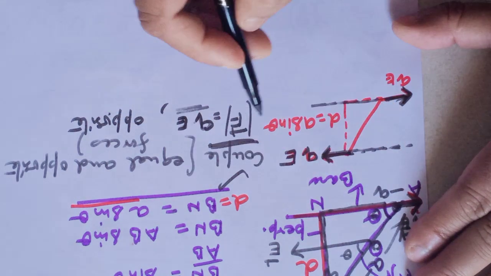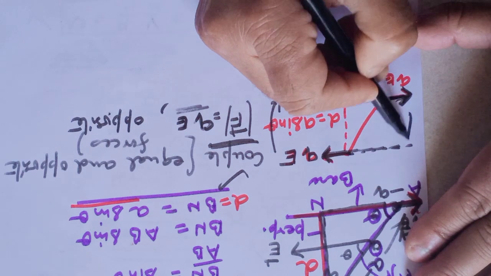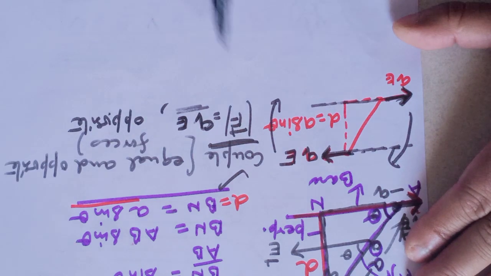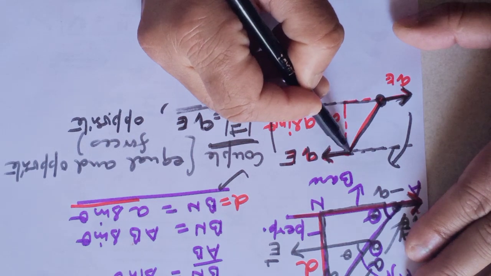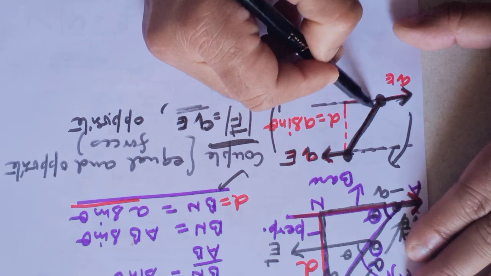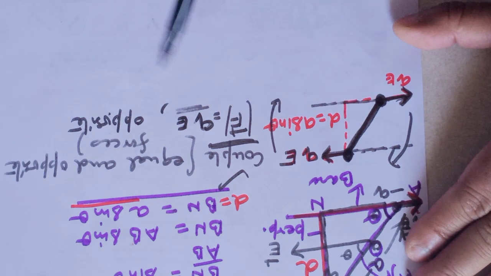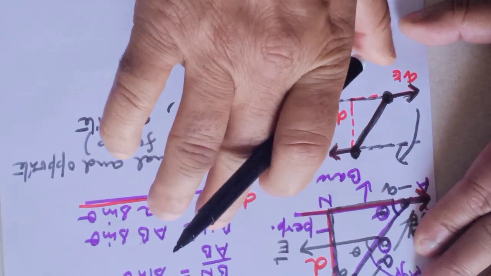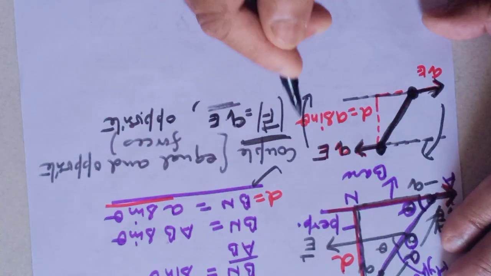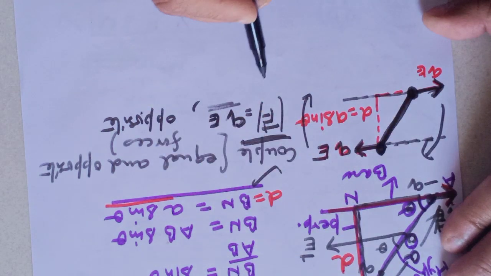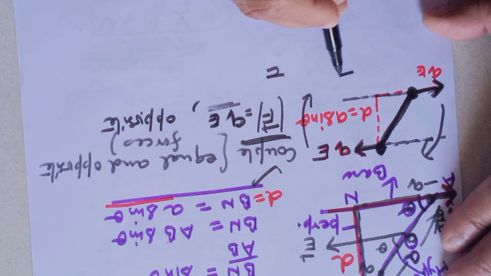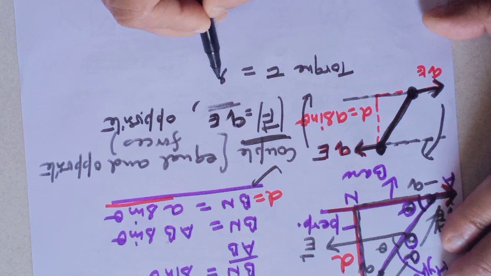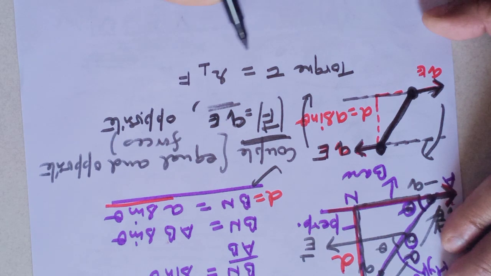Now this couple of forces will try to rotate this dipole. There will be no linear motion but rotation, because recall that these two charges cannot be separated. So this dumbbell-like shape will try to rotate, and if there is rotation, then there will be torque. Torque is nothing but r perpendicular into F in magnitude.